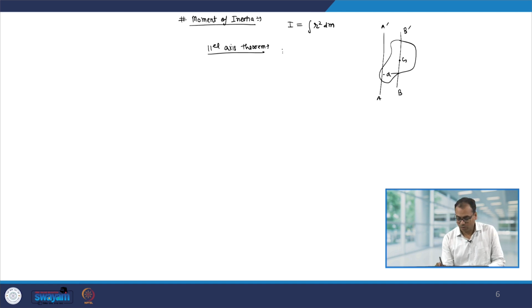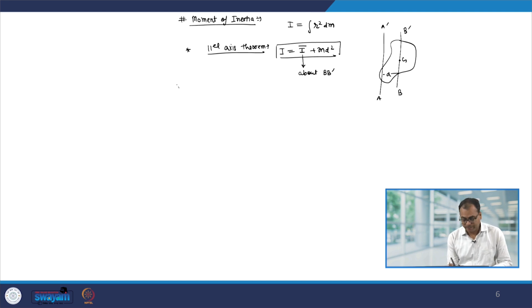Then the moment of inertia I about A prime is I bar plus m d square. Here I bar is the moment of inertia about the center of mass axis B prime, and I is the moment of inertia about A prime, which is an axis parallel to B prime and at a distance d.